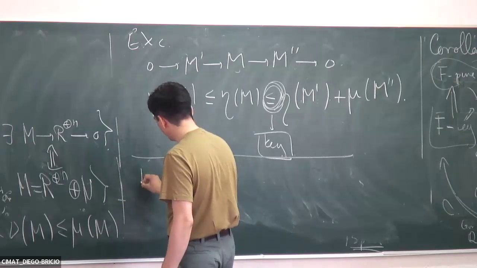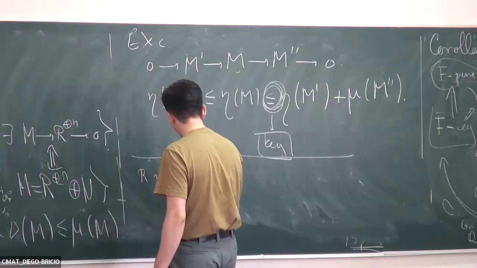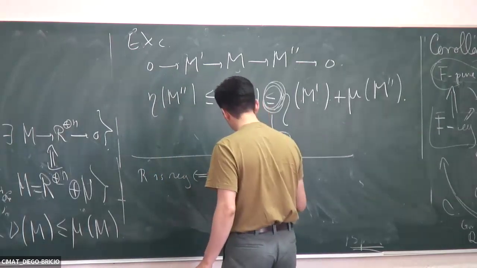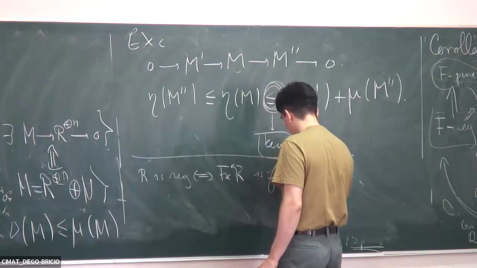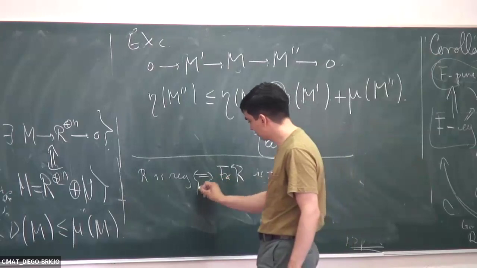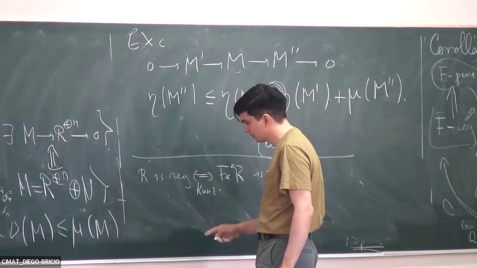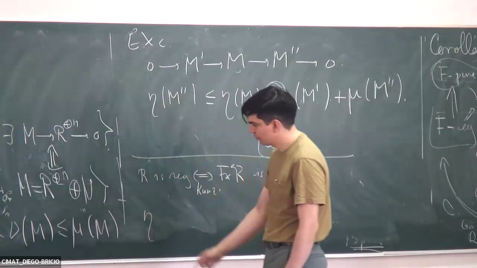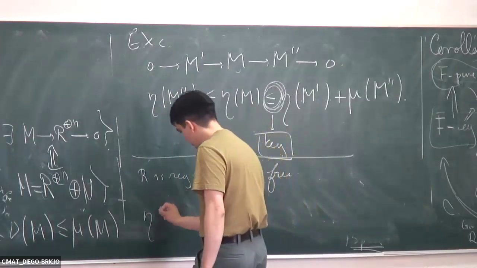So remember, R is regular if and only if this thing here is free. That's good. And so we may want to come here and say, okay, I can try to compute the free rank of Frobenius.